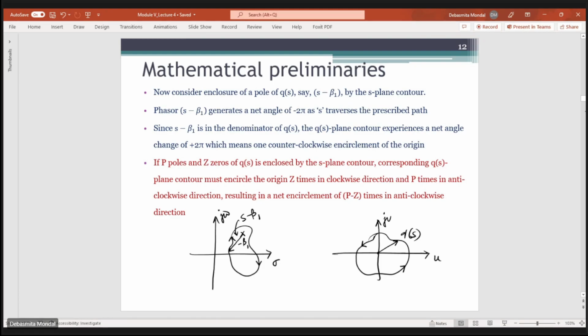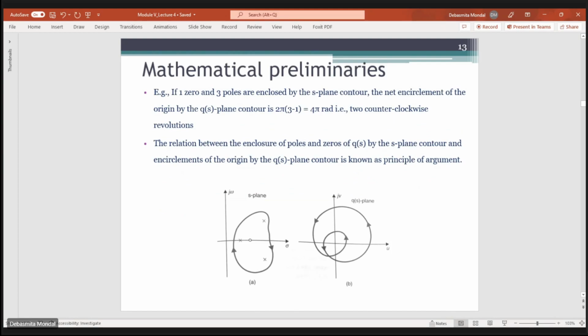So the net encirclement will be p minus z in the anti-clockwise direction. Or if p is less than z, it would be z minus p times in the clockwise direction. So depending on how many poles and zeros are enclosed by a contour in the S-plane, the number of encirclements of the origin in the QS plane is determined.